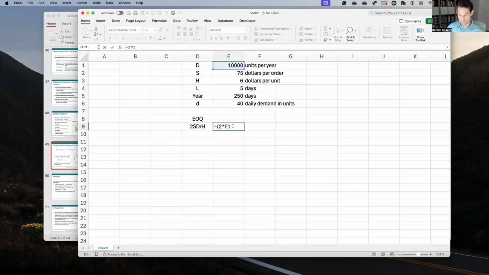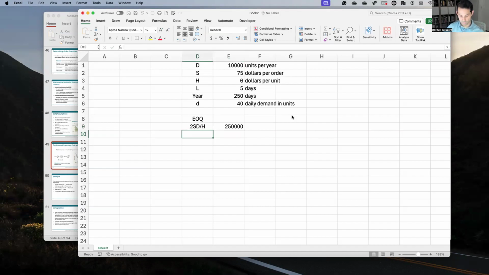Again, 2 times S, the ordering cost, times the annual demand, divided by my H. Remember to close parentheses, so you tell Excel that everything in the numerator position is this.